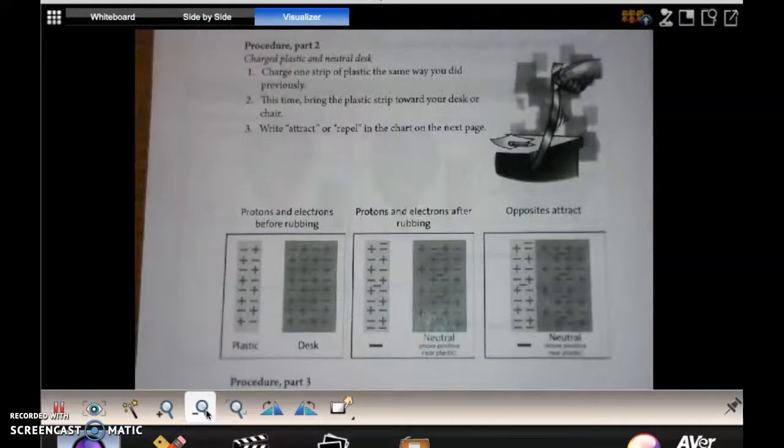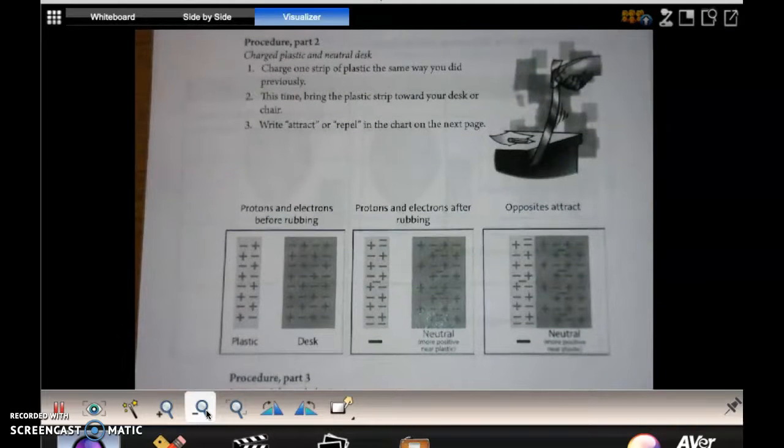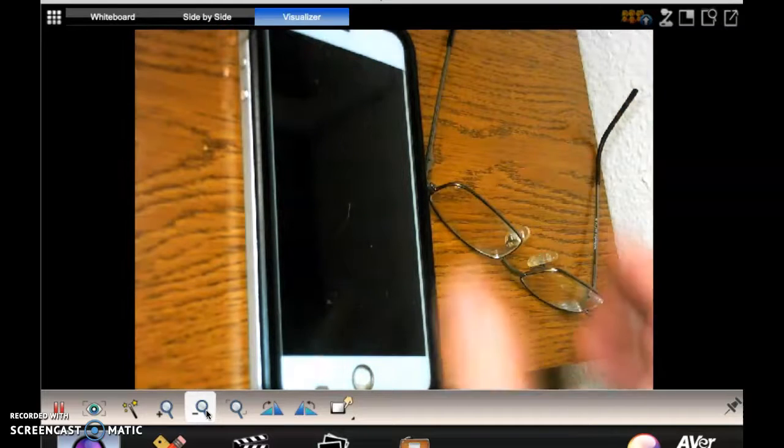So now for part 2, what we're going to do is try this same thing on our table. So take the strip again, same thing, pull it through your fingers. Get it nice and charged up. And now we're going to put it close to the desk, and look how it just attracts right there. Oh, that actually worked really well.